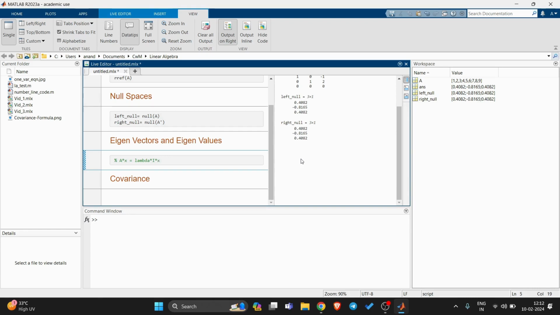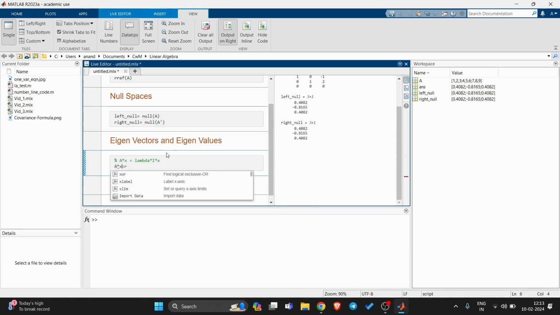In simpler terms, when you multiply the matrix by an eigenvector, it stretches or shrinks that vector by the eigenvalue. Now, eigenvectors, this X here, are non-zero vectors that, when multiplied by the matrix A, result in a scaled version of themselves.